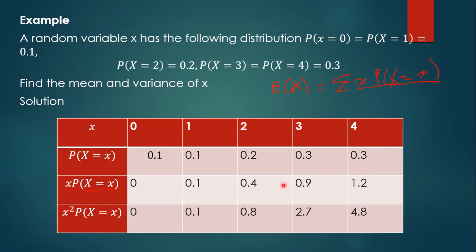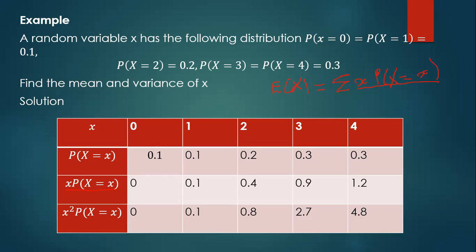And later when I add up these values in this third row, I'm able to get the expectation, or what we call the mean, of a discrete random variable. Are we okay about the mean? Can I proceed? Yeah. Okay.